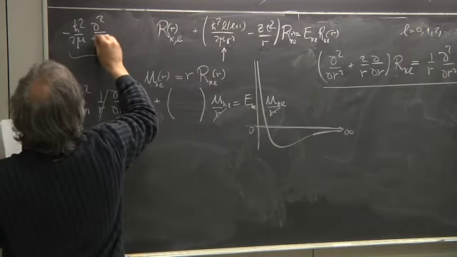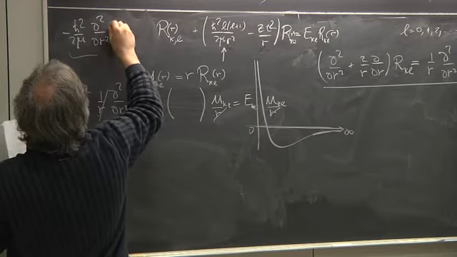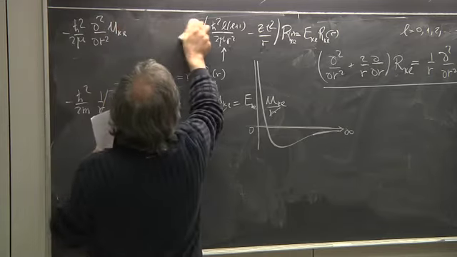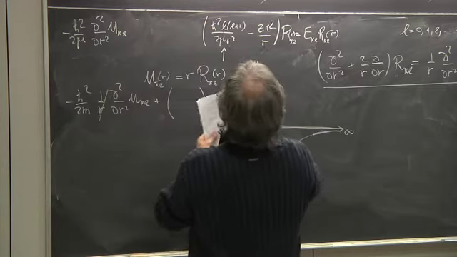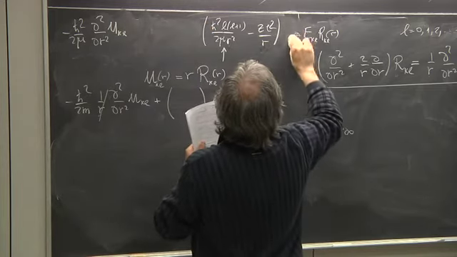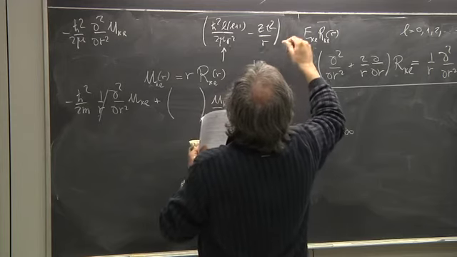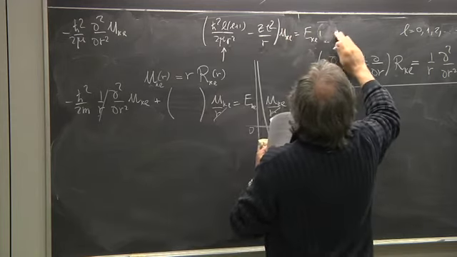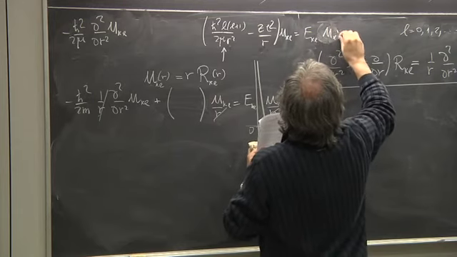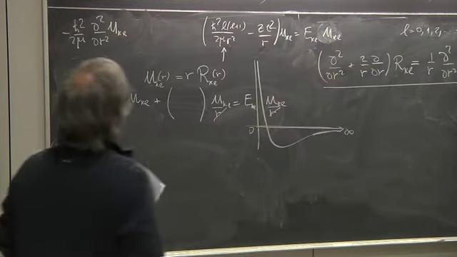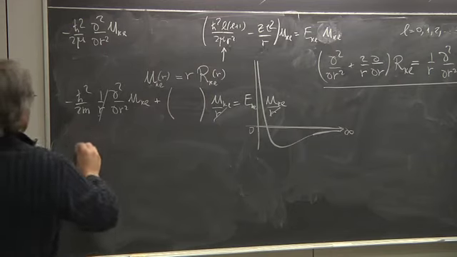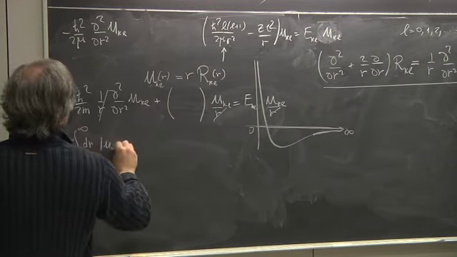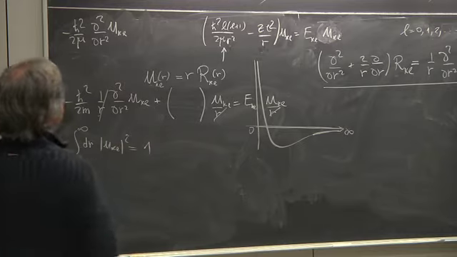Second derivative with respect to r of u, plus this object, equal to this object. Okay? With the standard normalization that I indicated before, integral of u equal to 1.